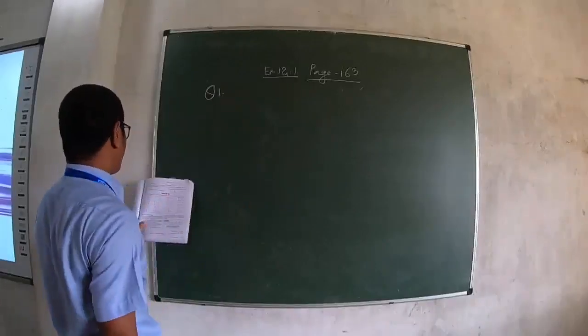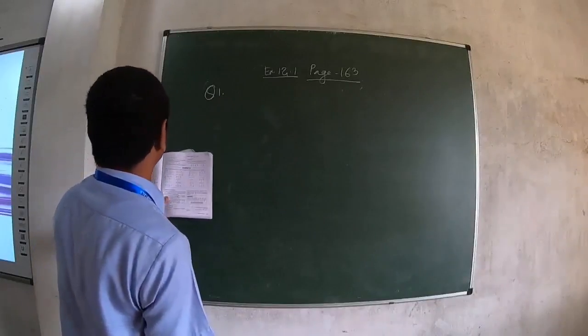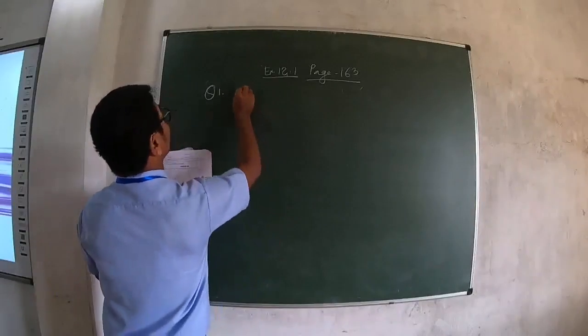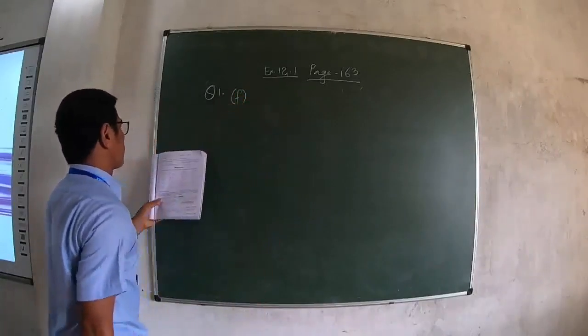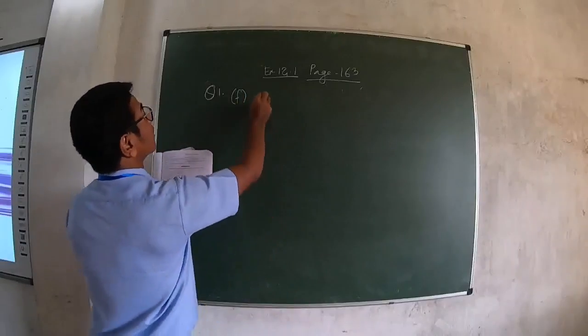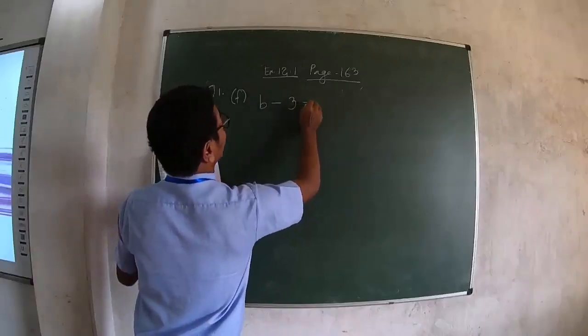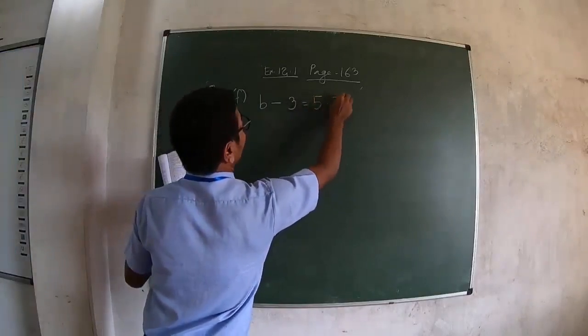Now, children, we will try doing the ones with minus. Let us go to question F. Question F. B minus 3 equals to 5.5.